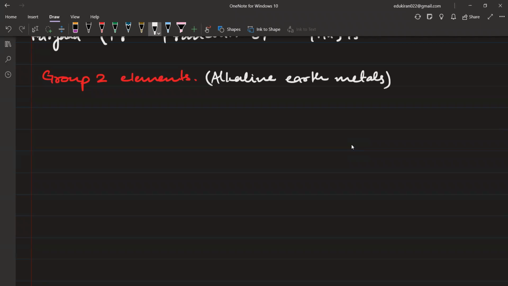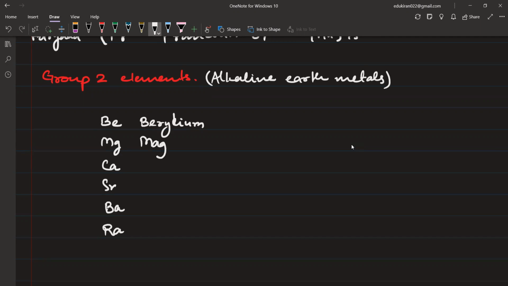And we start with Be Mg Ca Sr Ba Ra. Okay, so this is beryllium. We have magnesium.